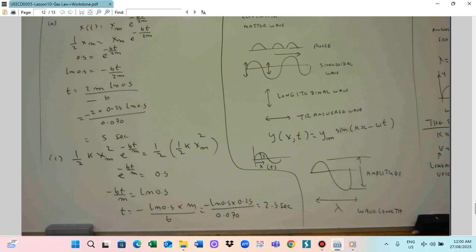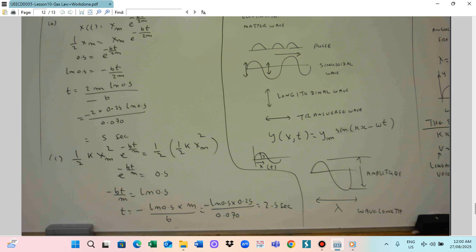So here we calculate e power minus PD by M is equal to 0.5. So minus PD by M is equal to Ln 0.5. So T can be calculated as minus Ln 0.5 multiplied with M divided by B. So the minus Ln 0.5, mass is already calculated.